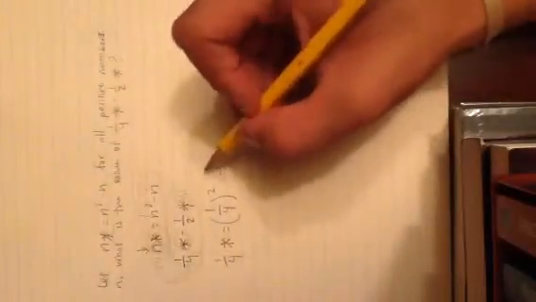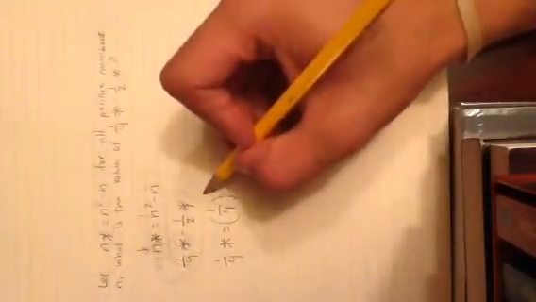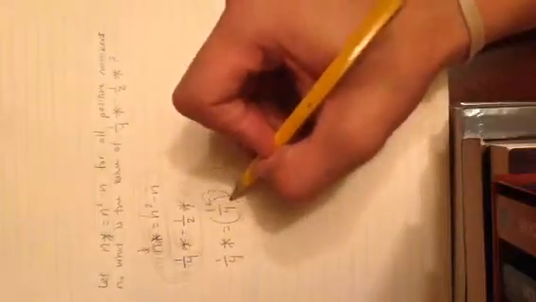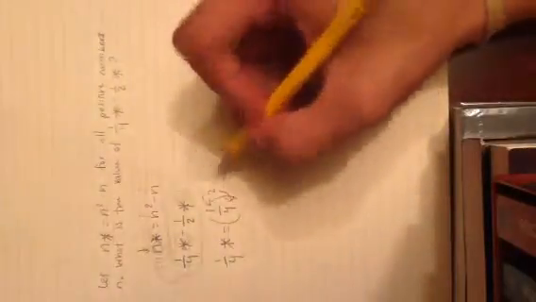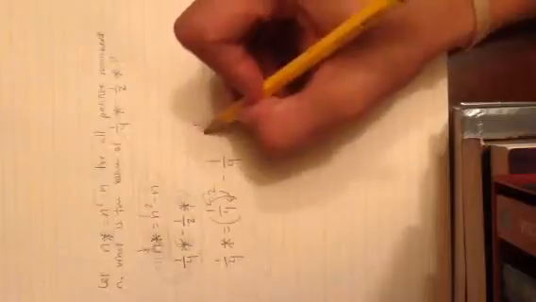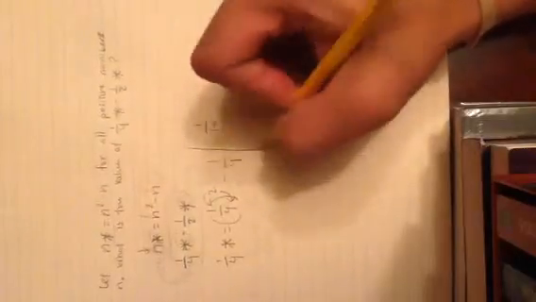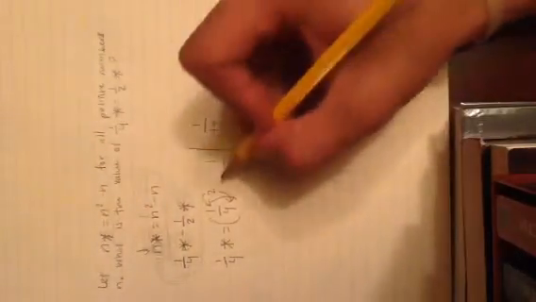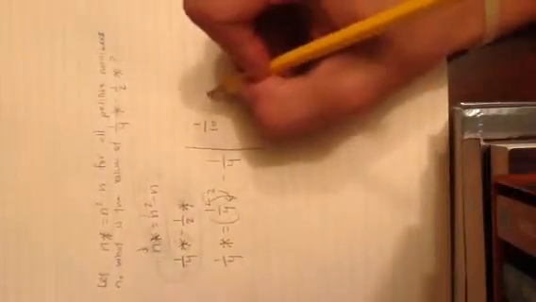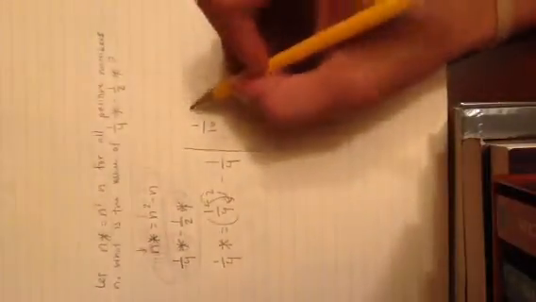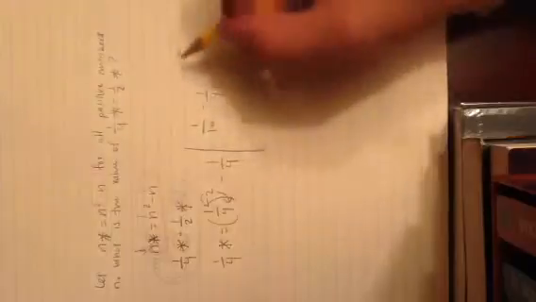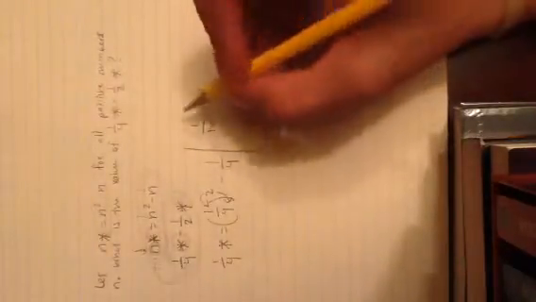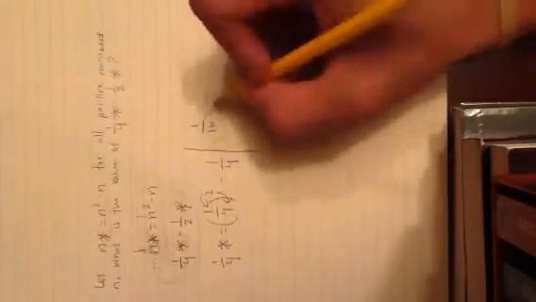Now let's do math. Distribute this square into numerator and denominator, and you're left with 1/16 minus 1/4. Now to subtract two fractions, you first have to find the common denominator, and in this case 16 is the common denominator.